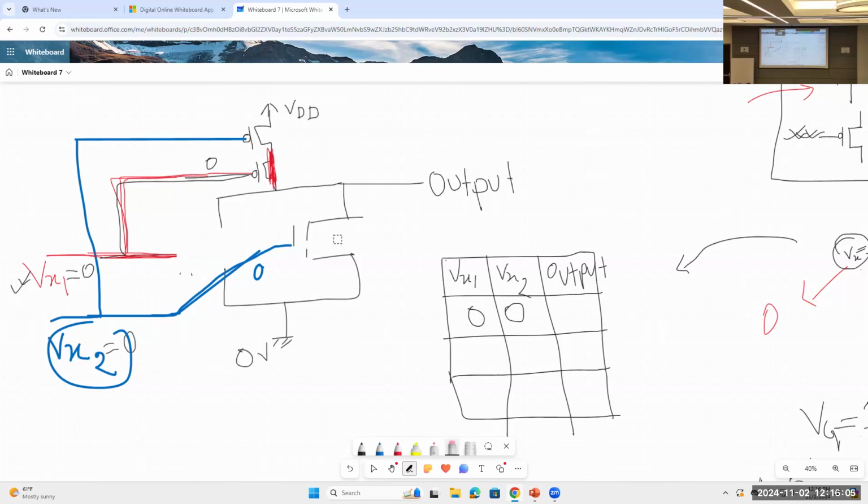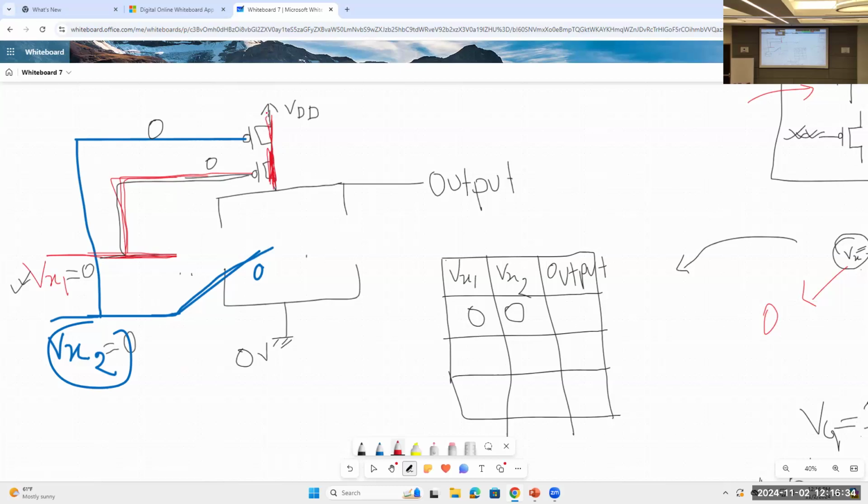So just remove this, because this is off, there is no connection here. And this same VX2 is going to the topmost PMOS, and the same 0 is coming here, right? We have set VX2 as 0. So if it gets 0, will it be on or off? On, right? Because PMOS turns on when it gets 0.